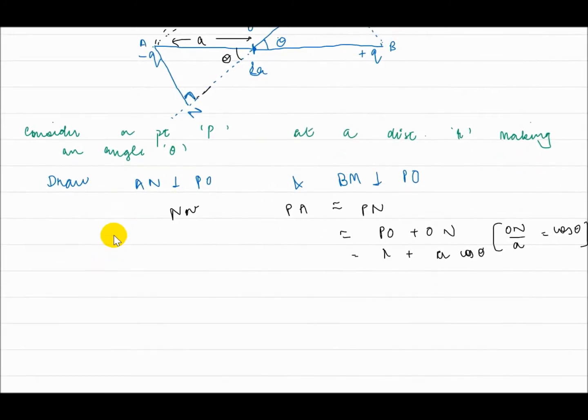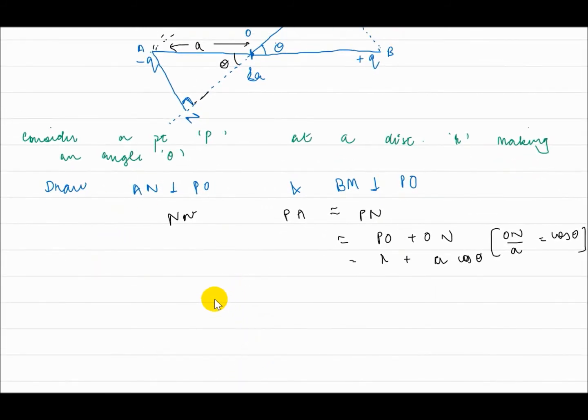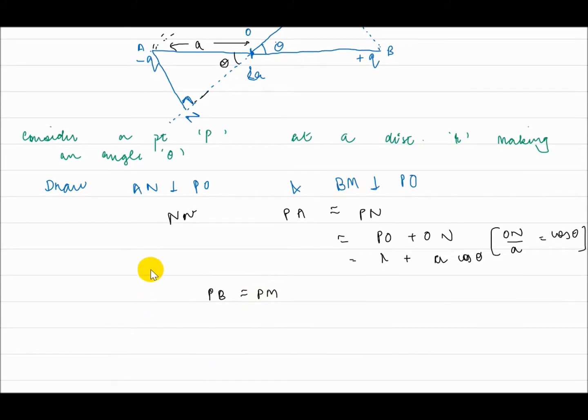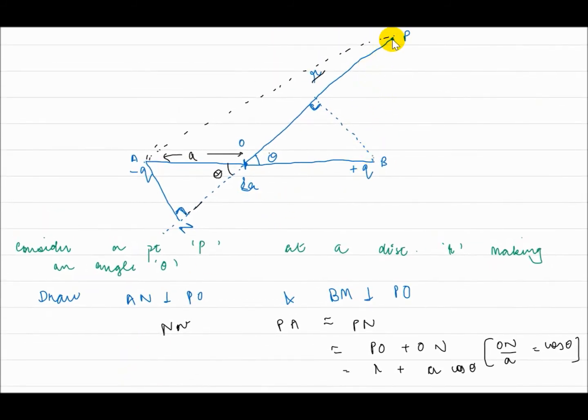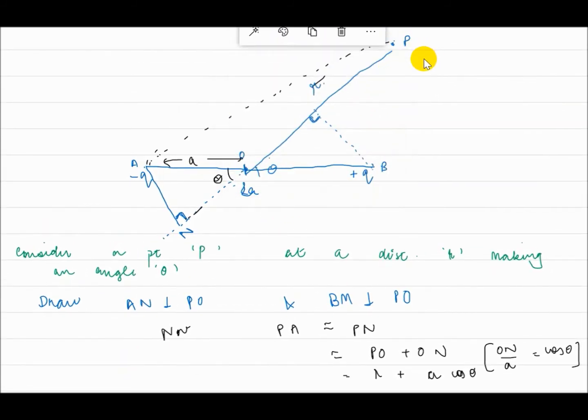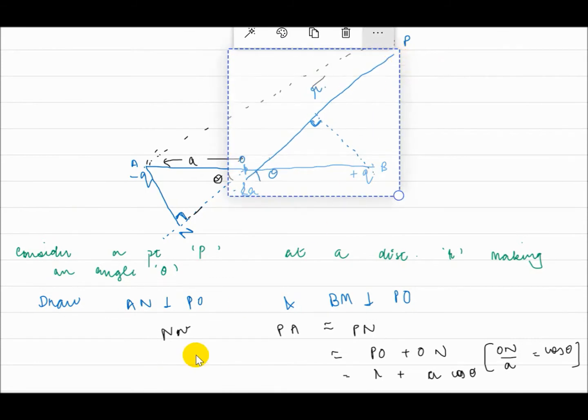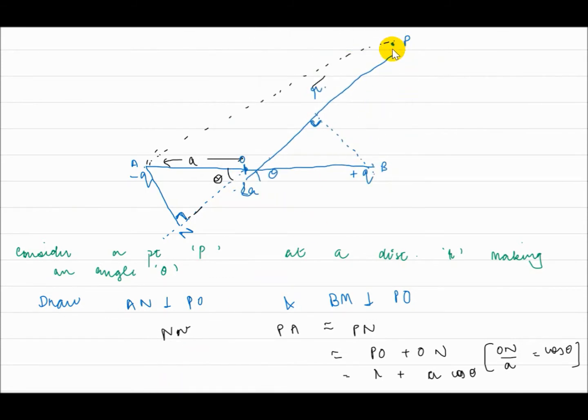Similarly, we can see that PB is approximately equal to PM. That is this. We have to mark PM here.